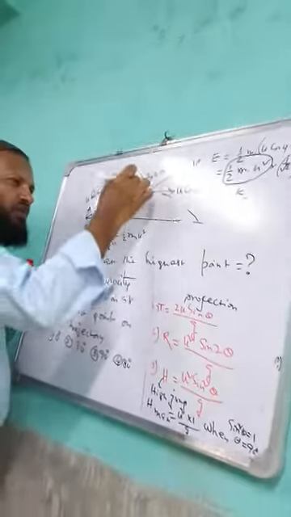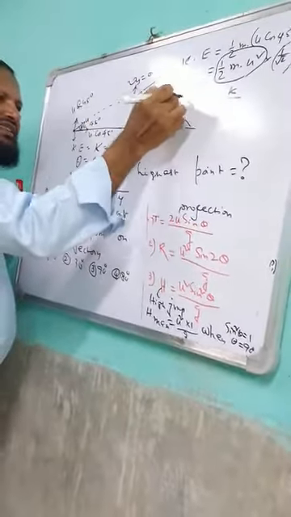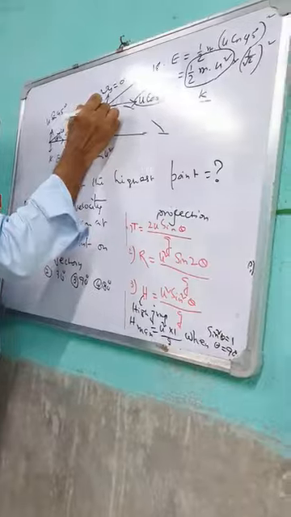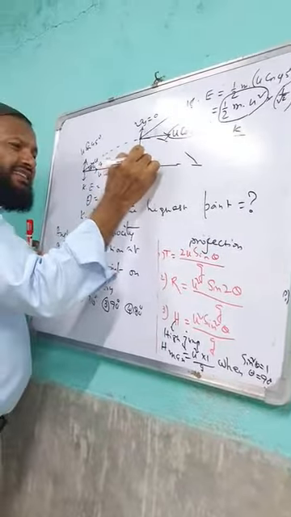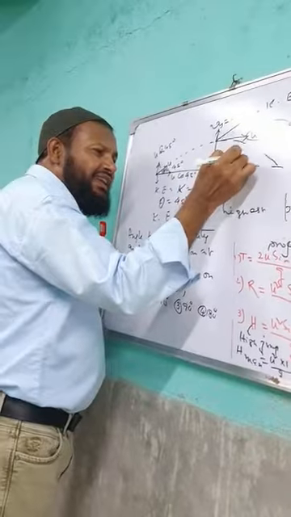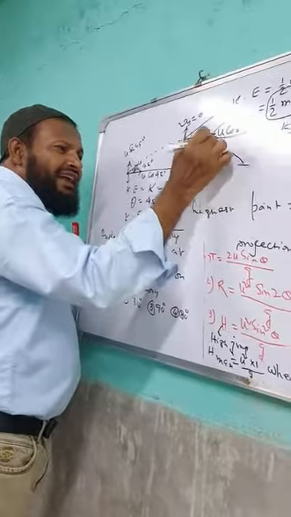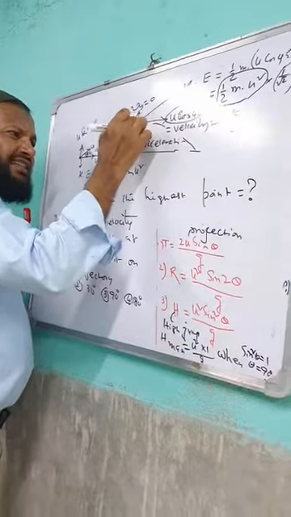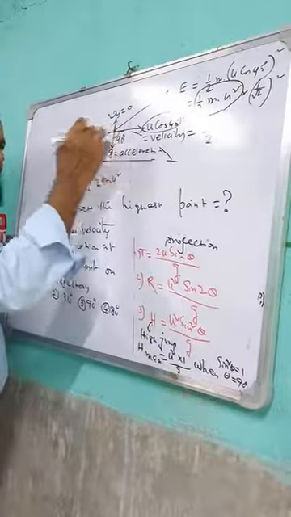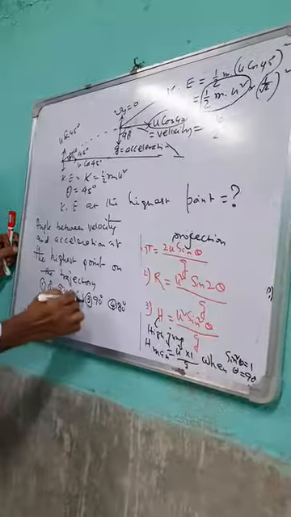There is no vertical velocity, only this horizontal velocity. This is the velocity and this is g. G means this is the acceleration. Now, what is the angle? Sir, this is the angle. Answer is 90 degree.